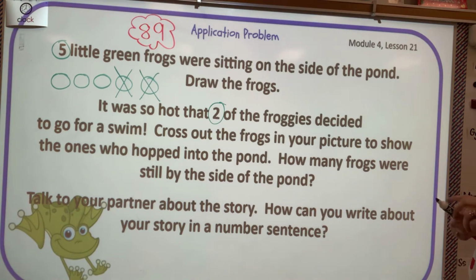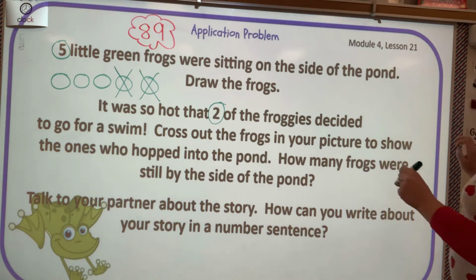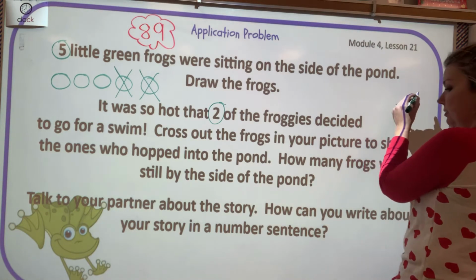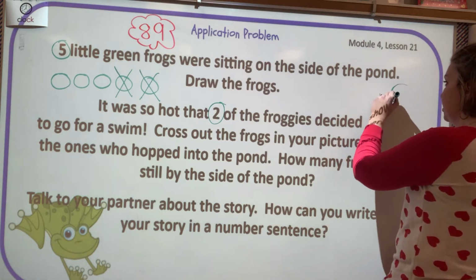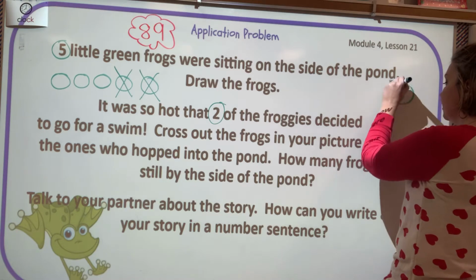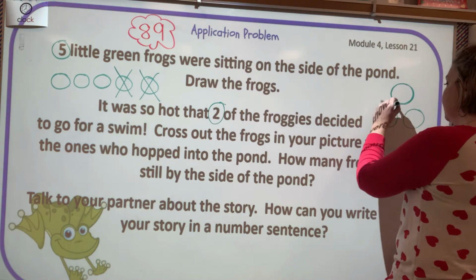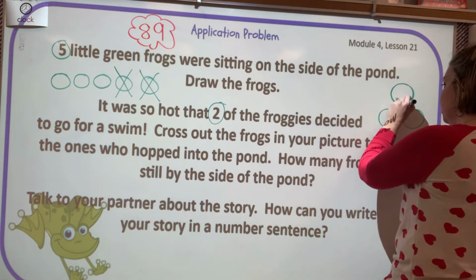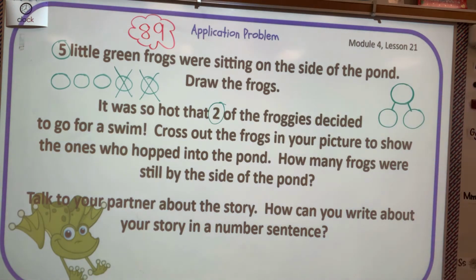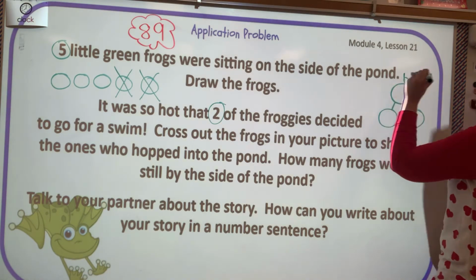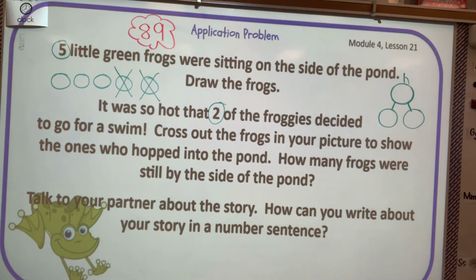Okay, let's talk about this. I need to write a number sentence, but before I do that, remember how we used to label our number sentence and we used a number bond to help us? Let's do another number bond. You can draw it on your paper somewhere too. Who can tell me what's going to be the whole in my number bond?